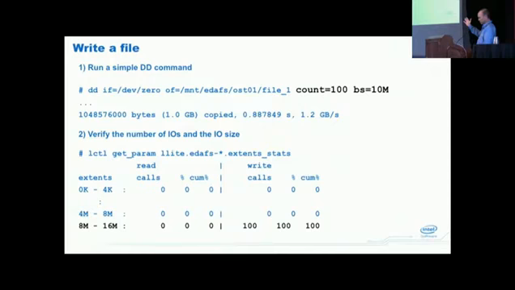When that call completes, you go look on the client. Again, we're talking about clients only right now. You use the LCTL get_param, and you look at the extent stats, and what you get is a distribution of extent sizes from this client.